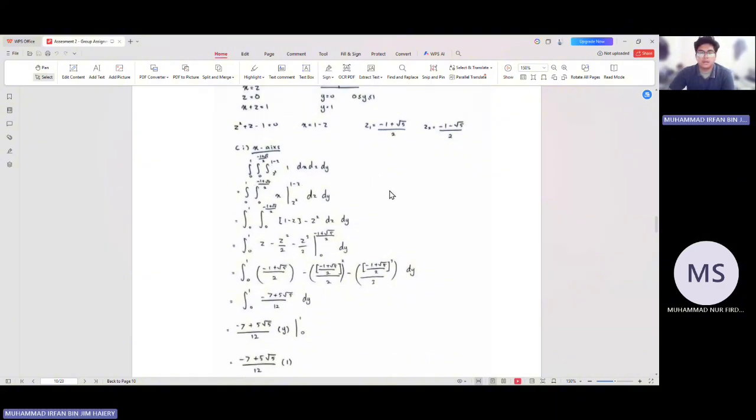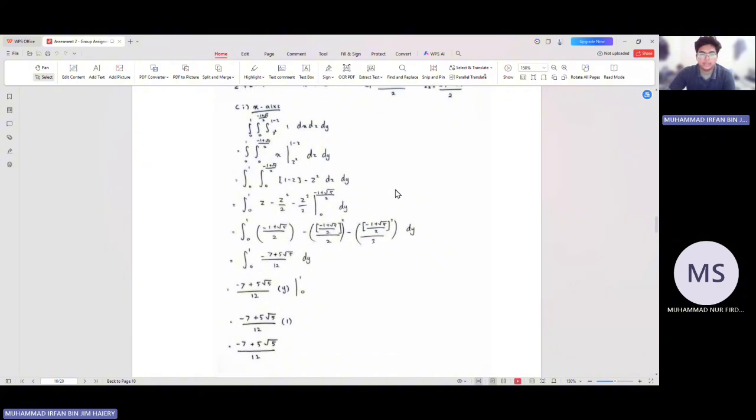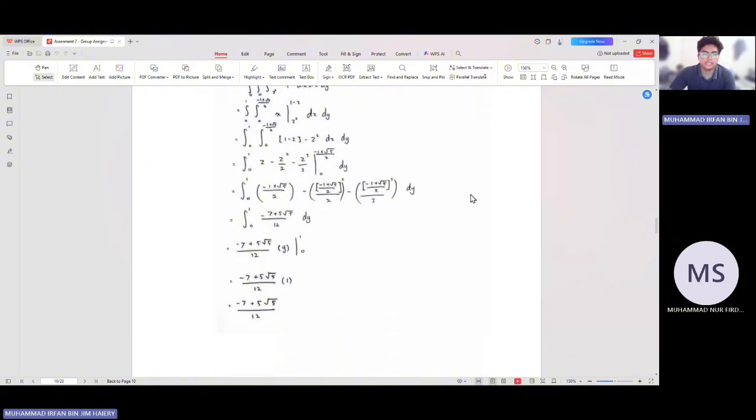We make our integration, and the final answer we get is negative 7 plus 5 root 5 over 12.